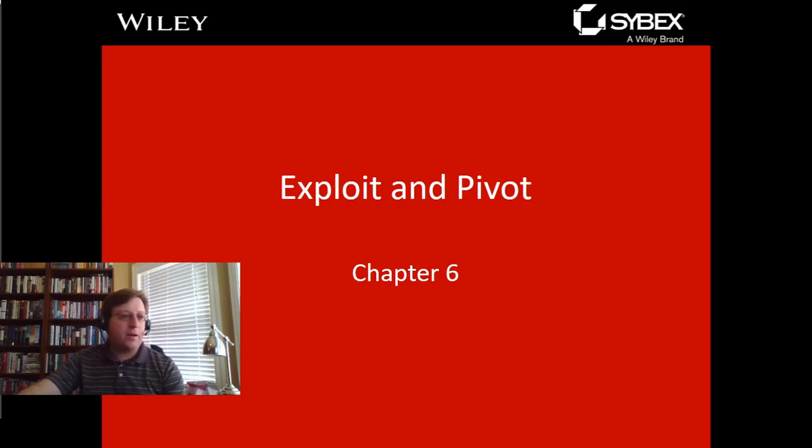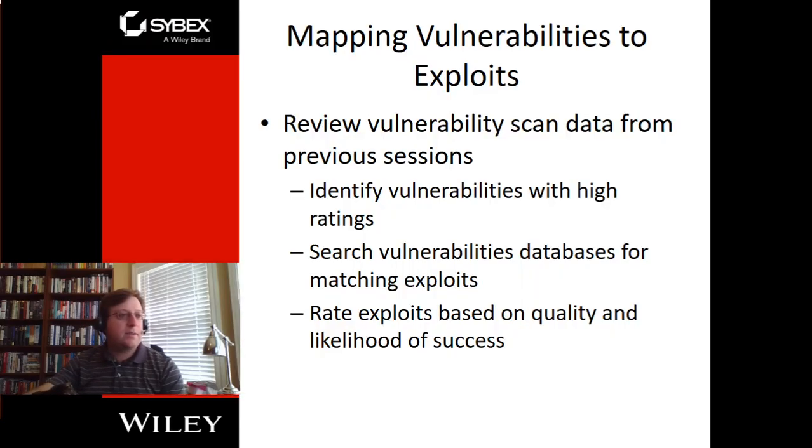That's what we'll talk about at the end. But for this first video, we're going to talk about exploits, and then we're going to demonstrate some stuff with Metasploit. So let's go ahead and keep moving on. If you're following along in the book, we are now on page 184.